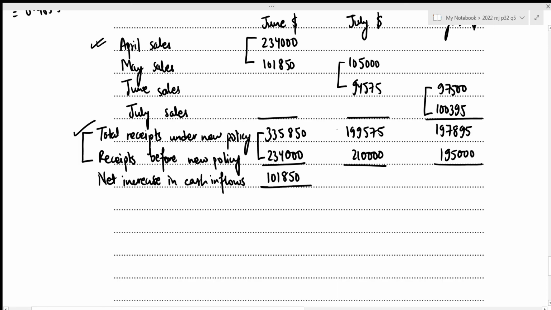For July, that's 199,575 minus 210,000, which results in negative balance of 10,425. And for August, that's 197,895 minus 195,000, which results in 2,895. This concludes the fourth part. We can now move towards the fifth one.